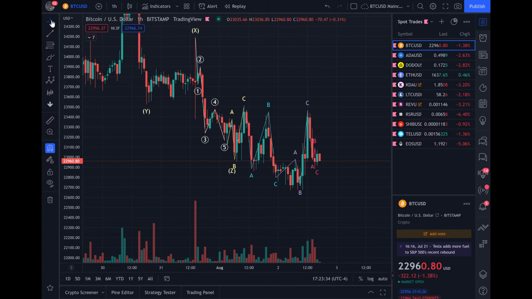It's not smart to say, okay, I'm going to enter here, and then set my stops here. It could be a zigzag, it could be a flat, it's hard to say where the price is going to go.